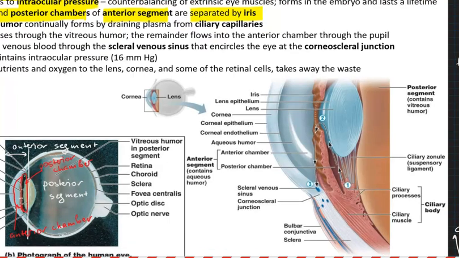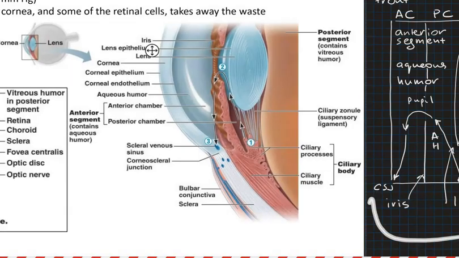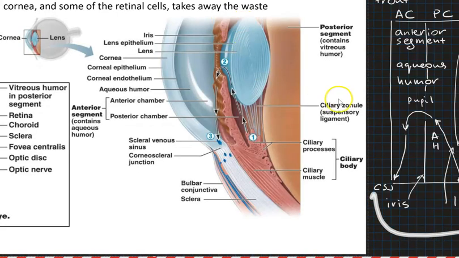Now, let's take a look at the formation of the aqueous humor, shall we? So it is formed right here. It's formed right here in this structure called ciliary processes.